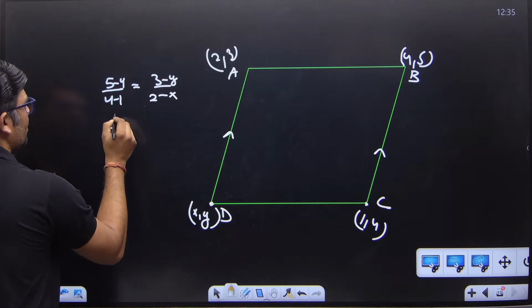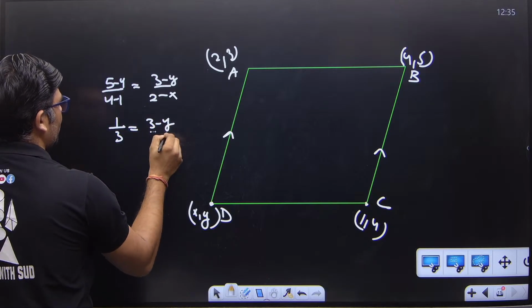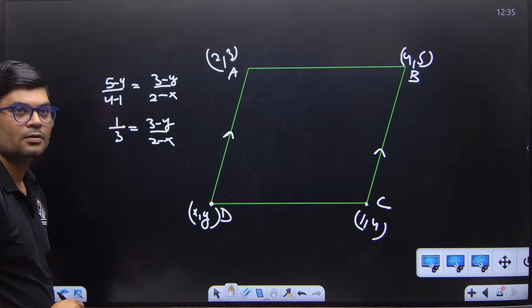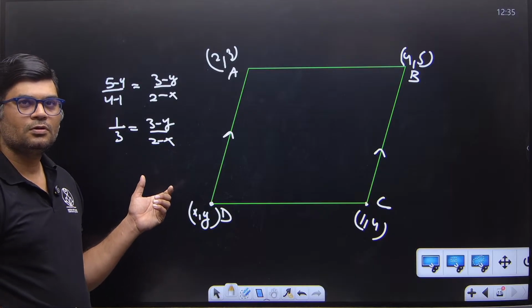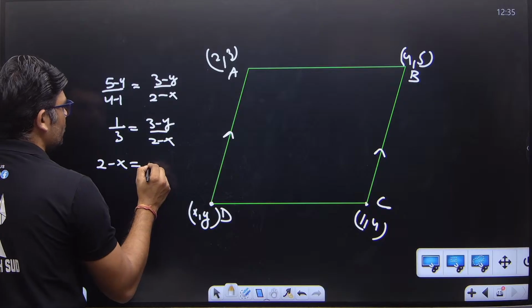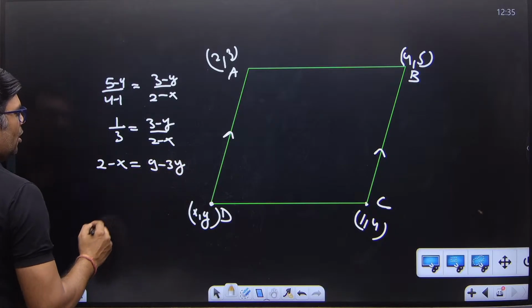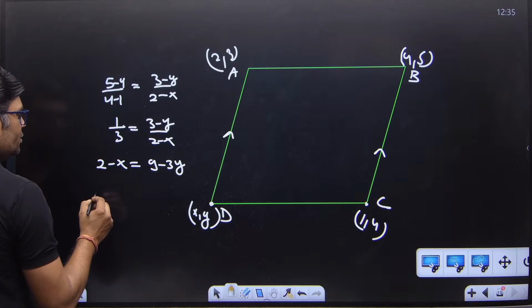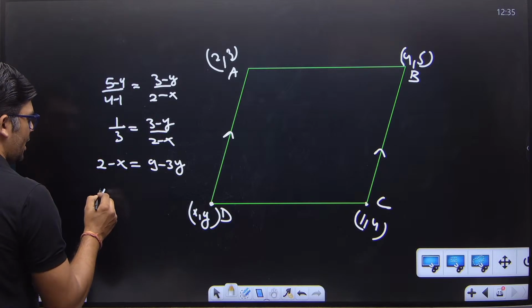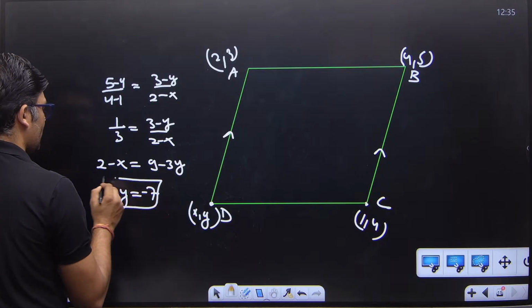Suppose this is 1, so 4 minus 1 is 3. Then what will you do? Cross multiply. Okay, let us cross multiply. So 2 minus x is equal to 9 minus 3y. Or you will have an equation. So the equation is going to be x minus 3y is equal to minus 7.